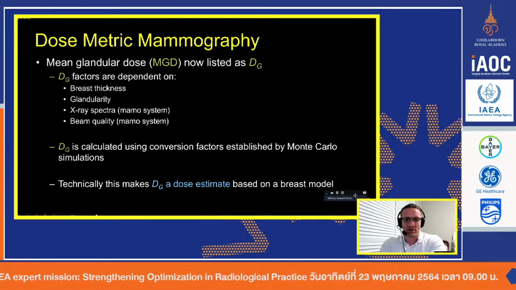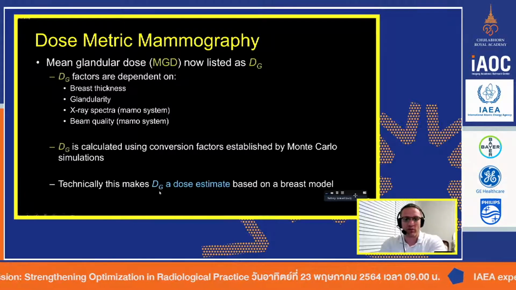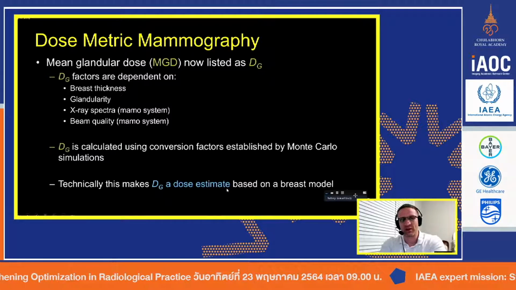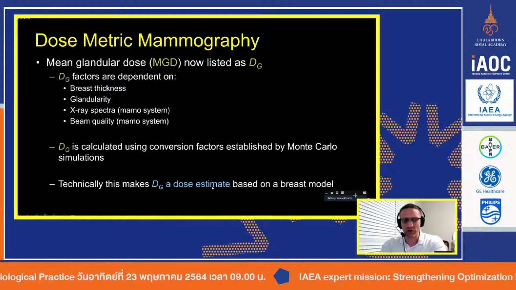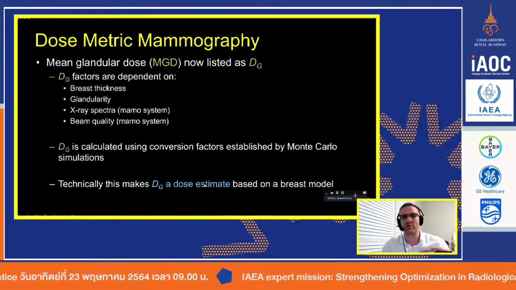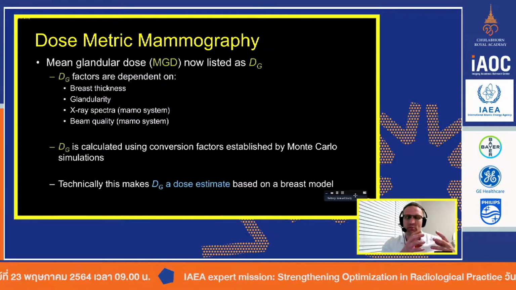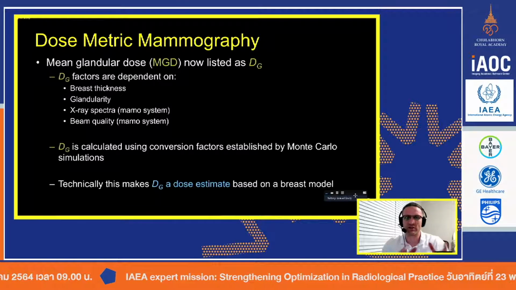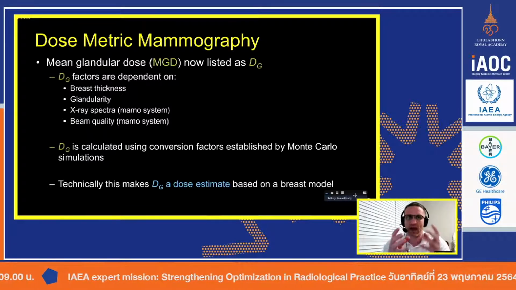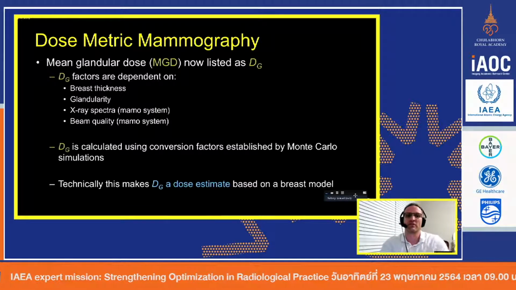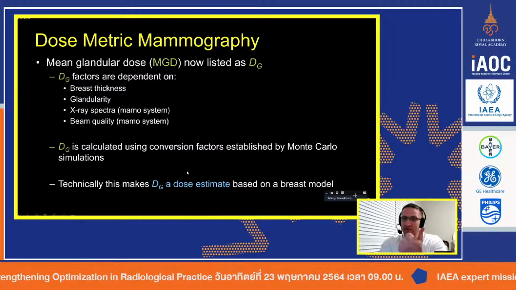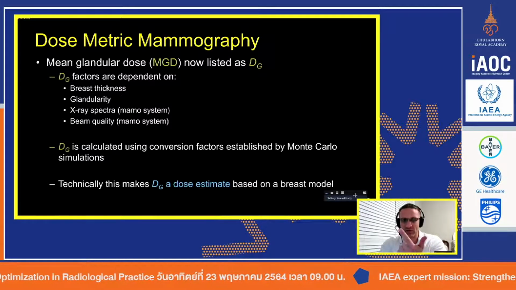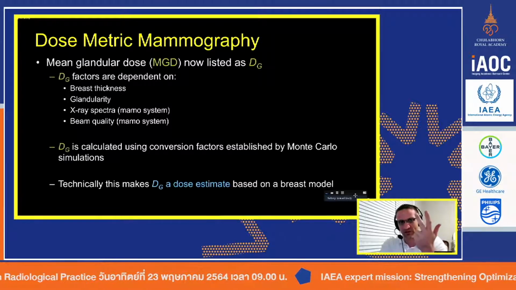So when it's all said and done, it's very important to understand that we keep saying mean glandular dose, but it's actually a dose estimate. We don't really know what the dose is to the breast being imaged. It's a model. The calculation is based on a breast model. It's not actually patient-specific dose, which should be no surprise because there's no patient-specific dose in CT, there's no patient-specific dose in fluoro, there's no patient-specific dose in X-ray.